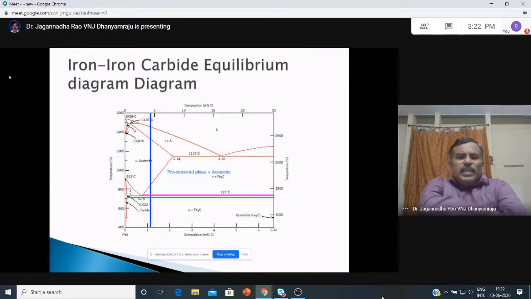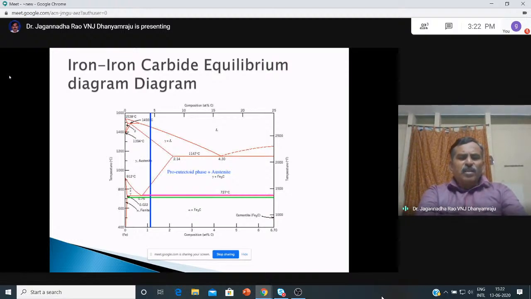And of course there is a eutectic reaction occurring at 1147 degrees centigrade and at 4.3% of carbon. So this is a eutectic reaction in which the liquid is separating into two solids, and those are austenite and cementite. So normally the iron carbon alloys between carbon percentage 0 to 2 are called steels.